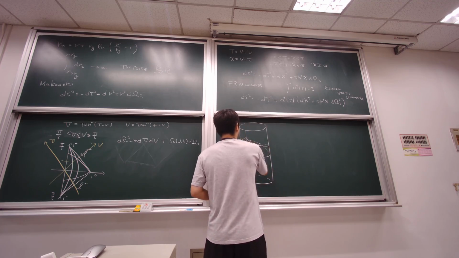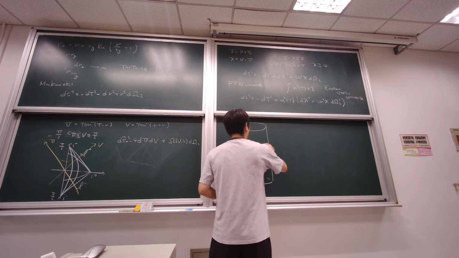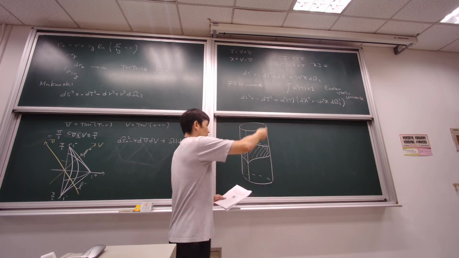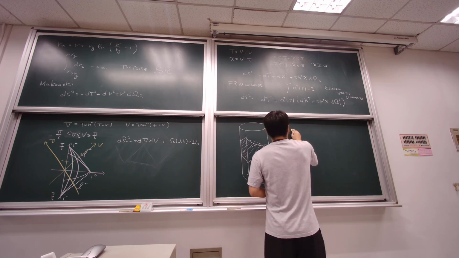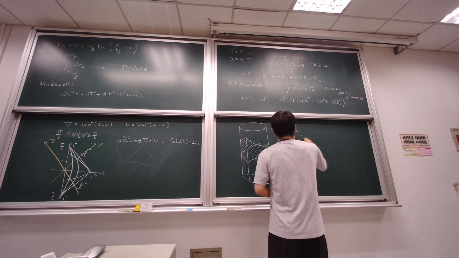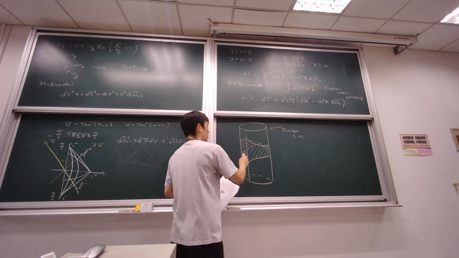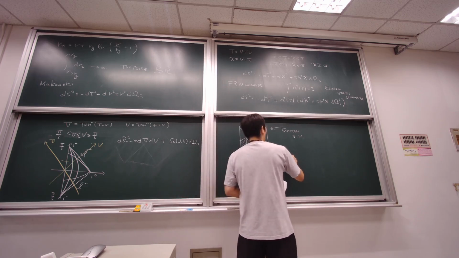So this region is embedded. This total cylinder is the Einstein static universe, but you can embed Minkowski spacetime inside. So this is Minkowski.